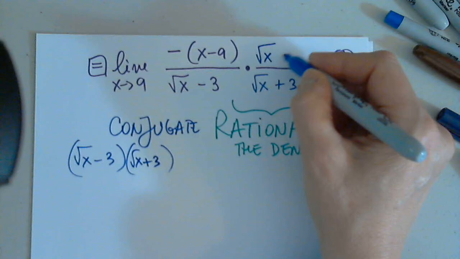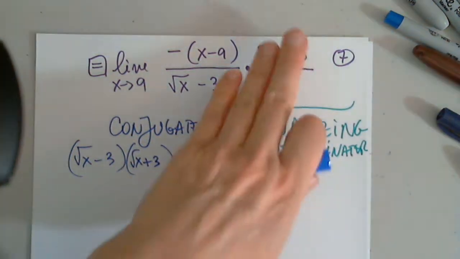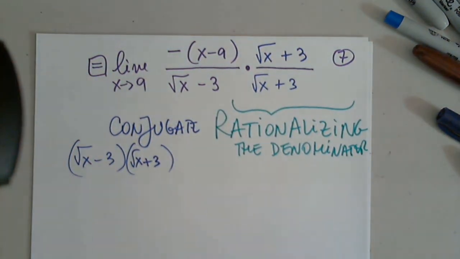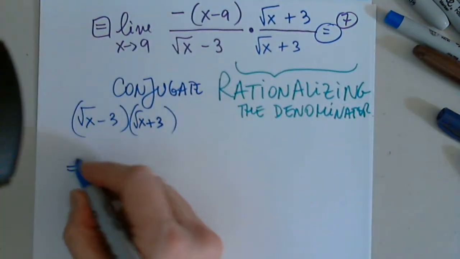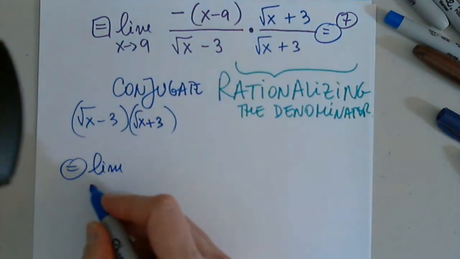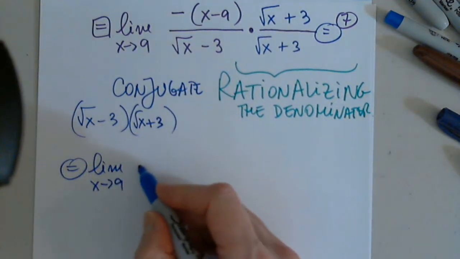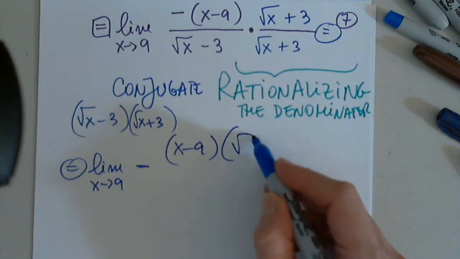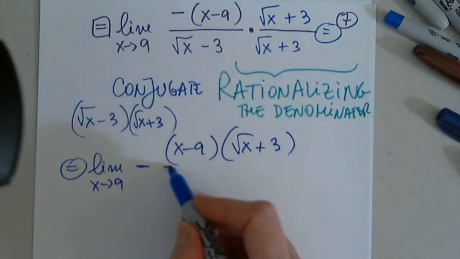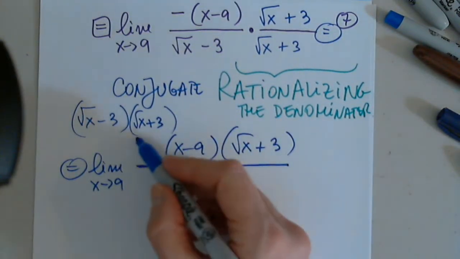Very good. And this is 1. We're not changing the expression. So now the numerator, do not drop the limit operator. So the negative in front, I have x minus 9. I have the square root of x plus 3. And now let's see what we have in the denominator.